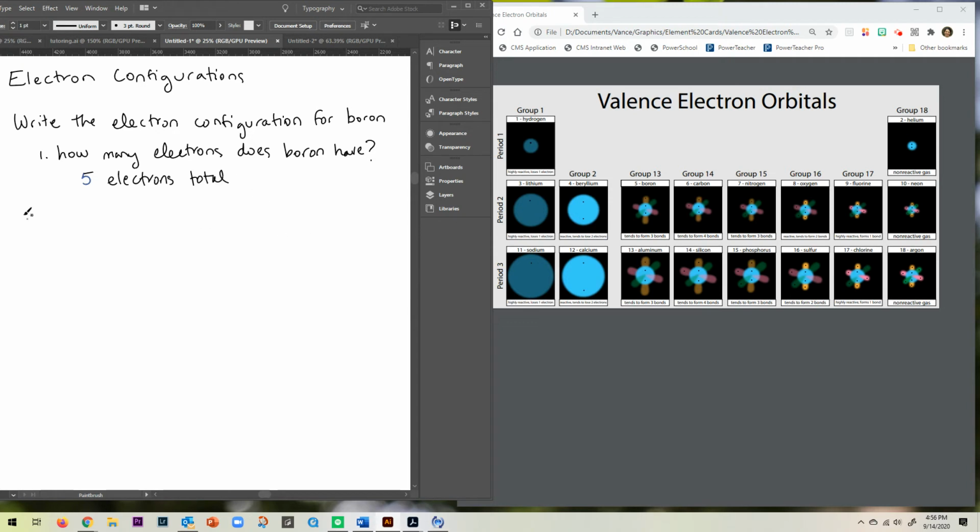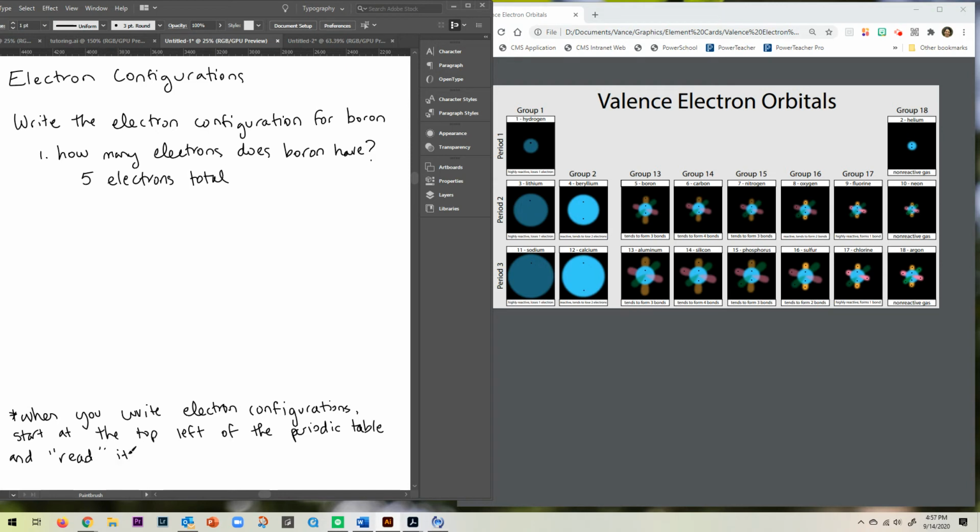When you're writing electron configurations, start at the top left of the periodic table and quote unquote read it until you get to the atom you want.